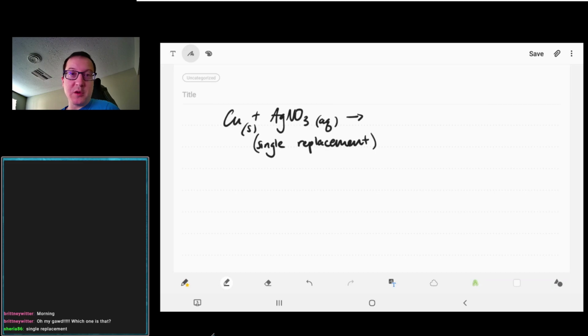And so remember, we always want to assume it's going to be +2 for a variable charge metal. So of course copper is a metal, right? So it should be replacing the metal.